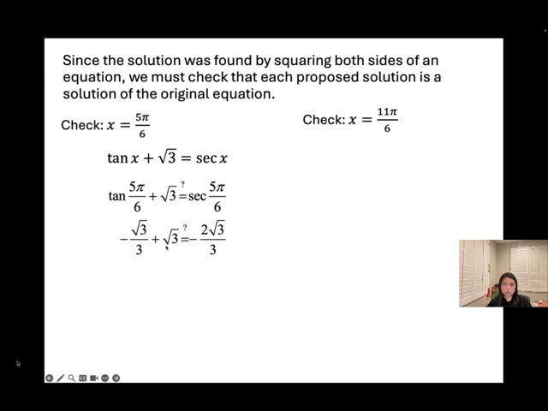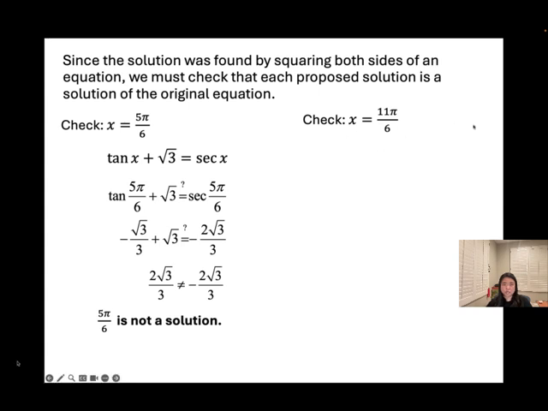And here, we're going to get the same denominator. You should get 2 square root 3 over 3, but on your right hand side, I still have the negative here. So they are not equal to each other. So 5 pi over 6 is not a solution.